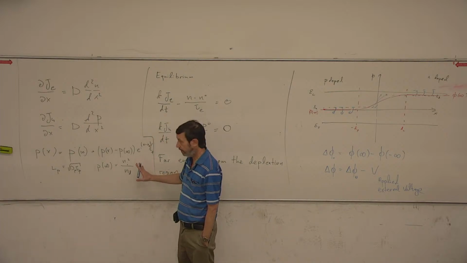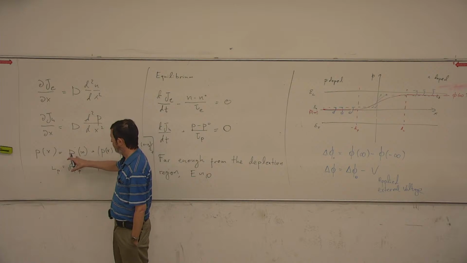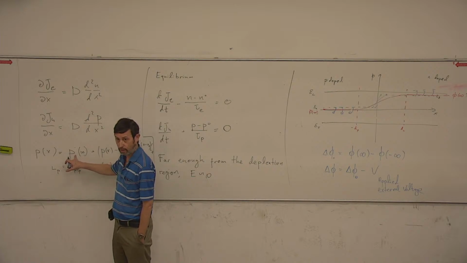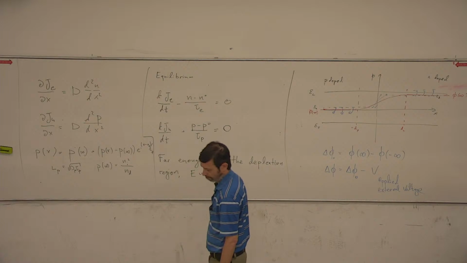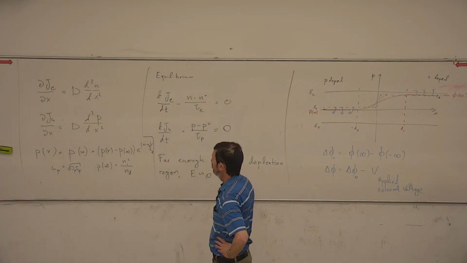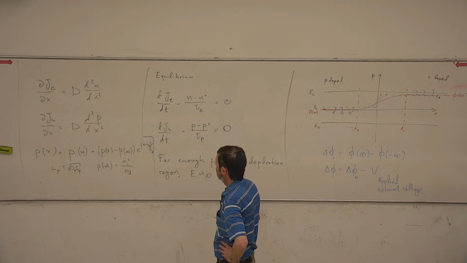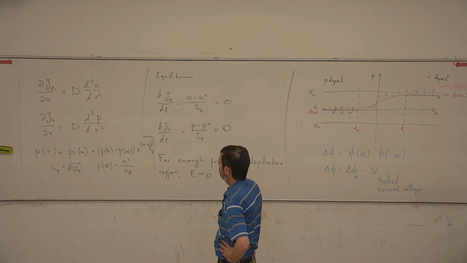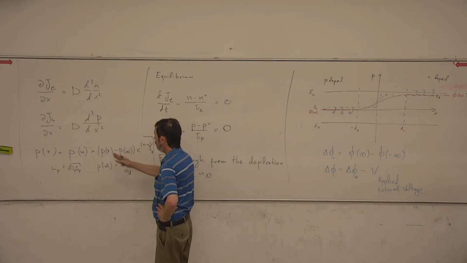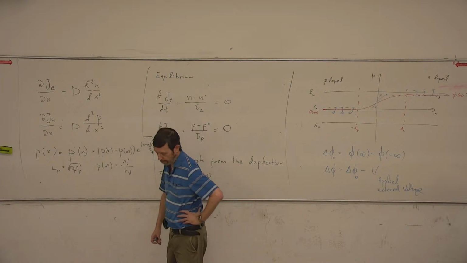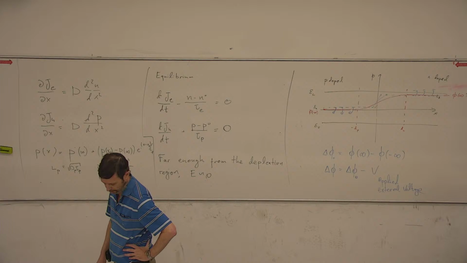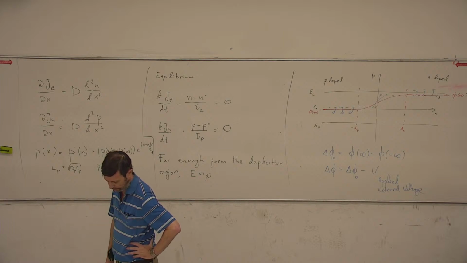It's a place at infinity where I know the number of holes, and looked at the profile of the number of holes anywhere else in the system at the point of x0.